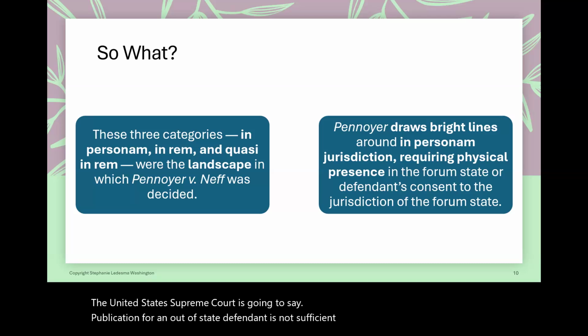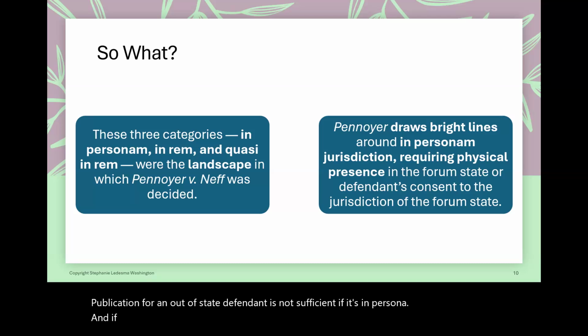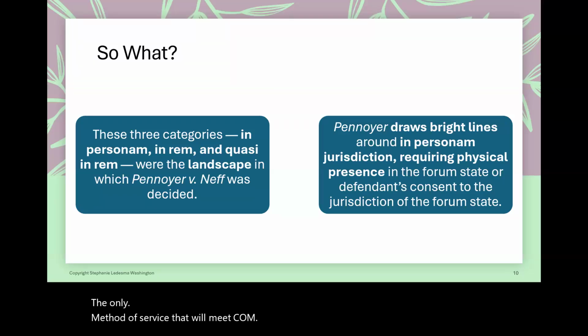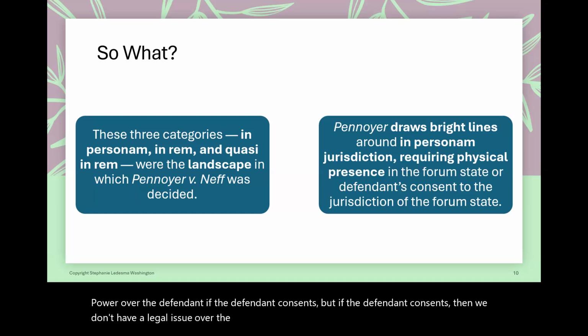And if it's in personam, the only method of service that will meet constitutional muster is personal service inside the geographical boundaries of the forum state. Now, of course, you can always get power over the defendant if the defendant consents. But if the defendant consents, then we don't have a legal issue over the personal jurisdiction, right? Okay, moving forward.